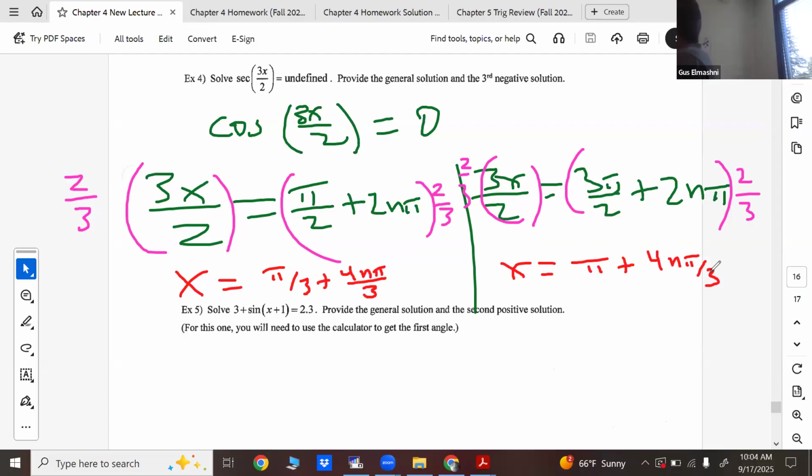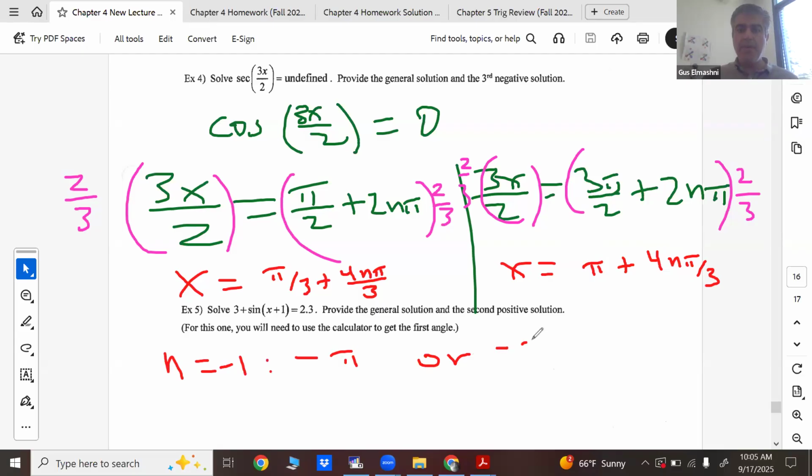Now, I'm not asking for the first three negative answers. I'm asking specifically for the third negative solution. So if I plug in -1 for n, I should get negative pi over 3, I think.